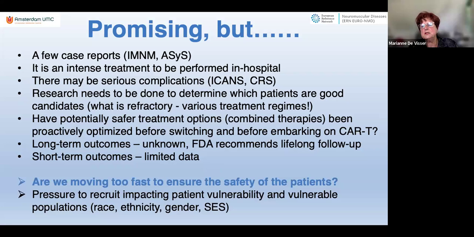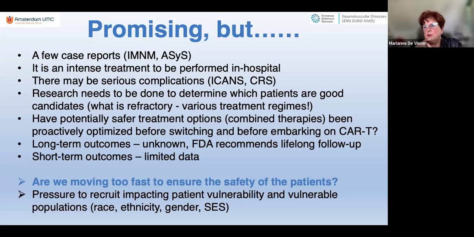There may be serious complications like ICANS, neurotoxicity, which can lead to confusion, seizures, or altered mental status, or CRS, that is a systemic inflammatory response due to large amounts of cytokines which are released, and that leads to fever, to low blood pressure, and other symptoms.